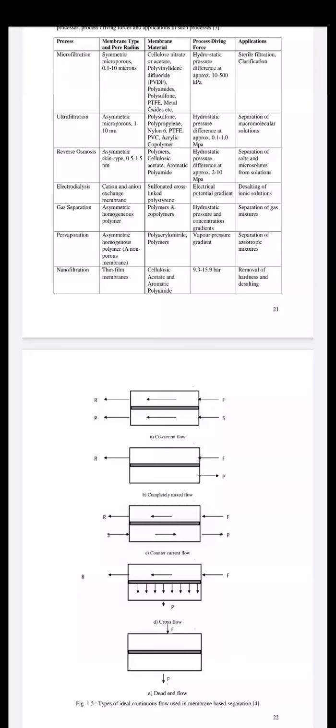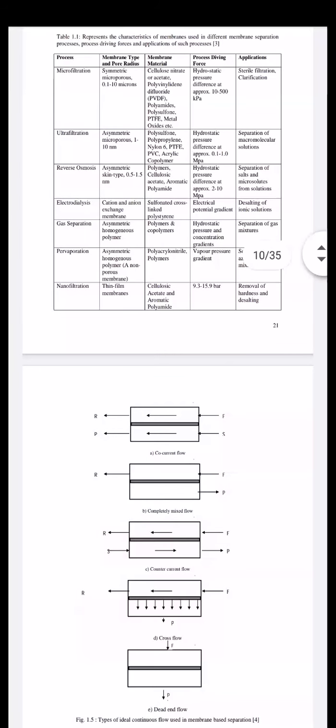Now let's move towards the membrane material. Always keep in mind, membrane material plays a very important role for any membrane separation process. The membrane should be able to withstand the pressure which is applied for the process.